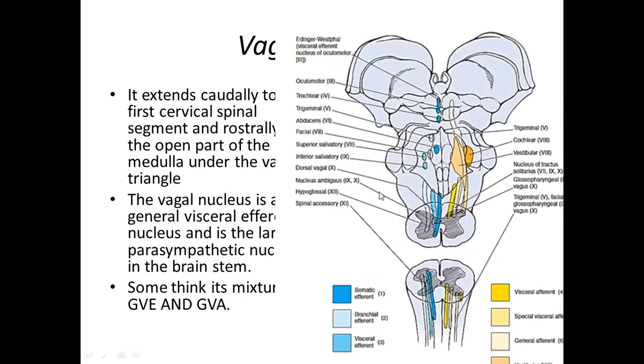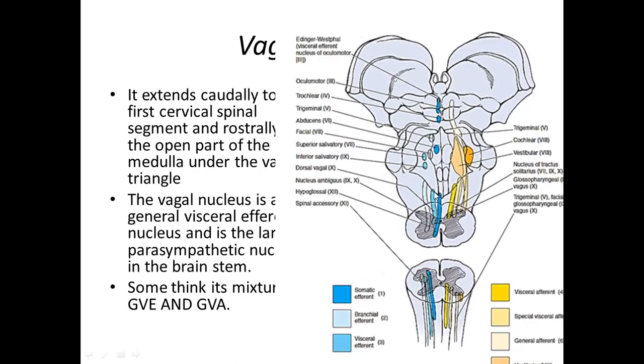Over here you can have a better look. The blue ones are the efferents, the yellow ones are the afferents. Blue ones are from the basal plate, the yellow ones are from the alar plate. They are arranged from medial to lateral: somatic efferent, special visceral efferent, and general visceral efferent.